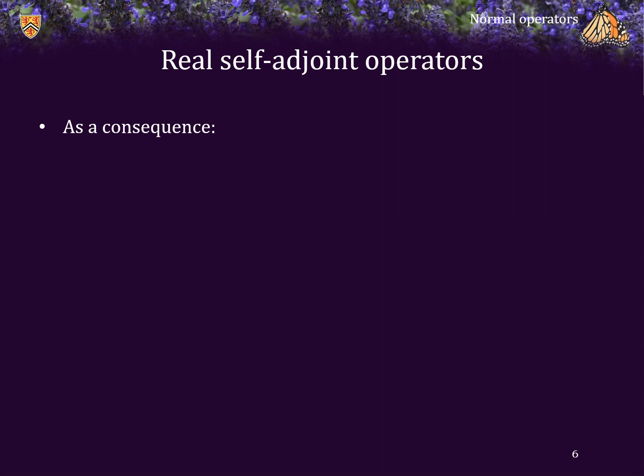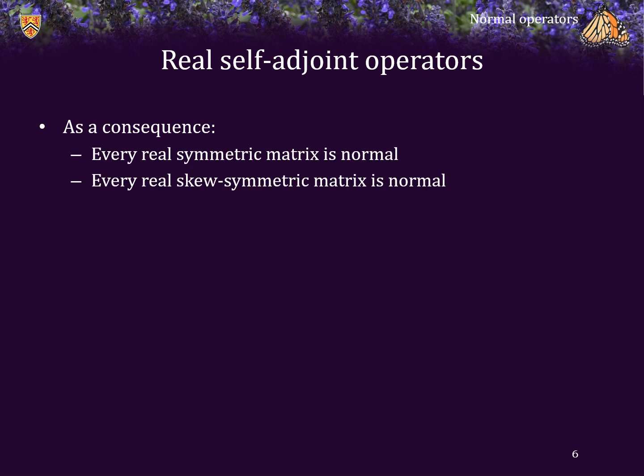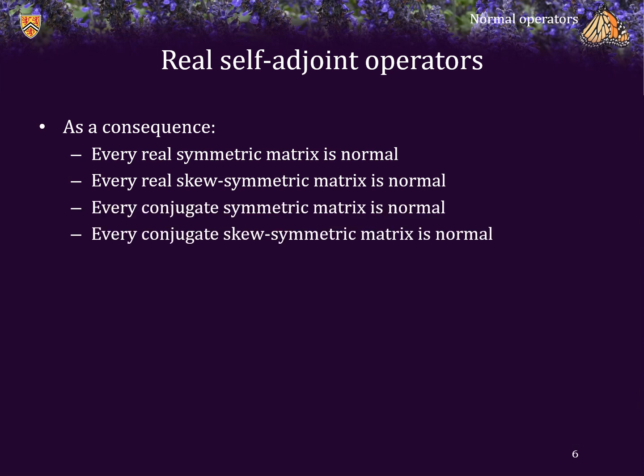Therefore, as a consequence, every real symmetric matrix is normal. Every real skew-symmetric matrix is normal. Similarly, every complex matrix that is conjugate symmetric is normal, and every complex matrix that is conjugate skew symmetric is also normal.